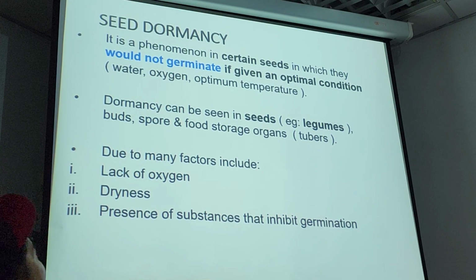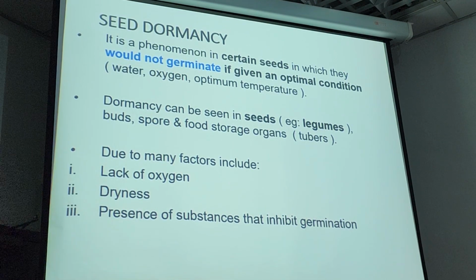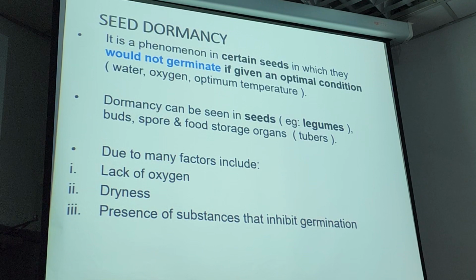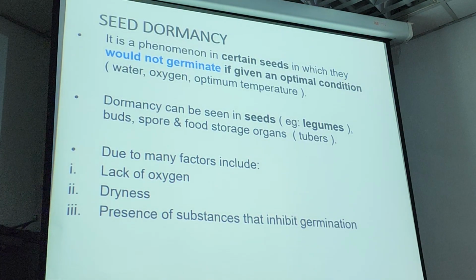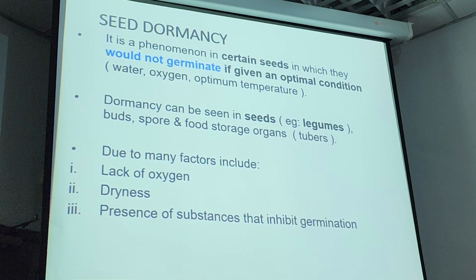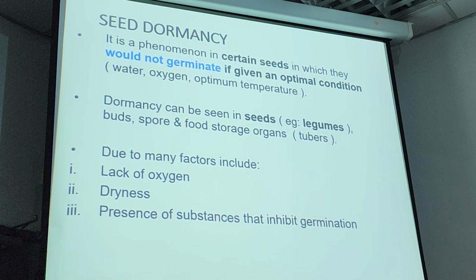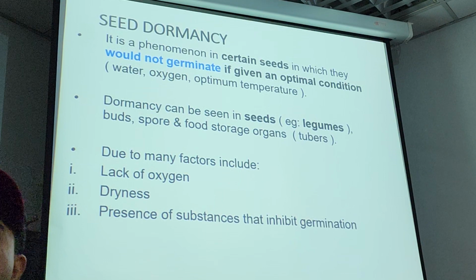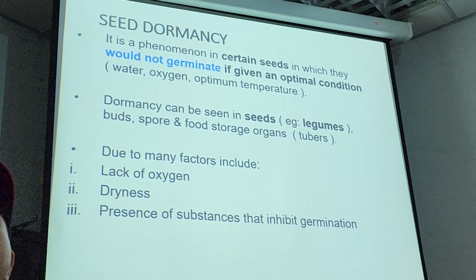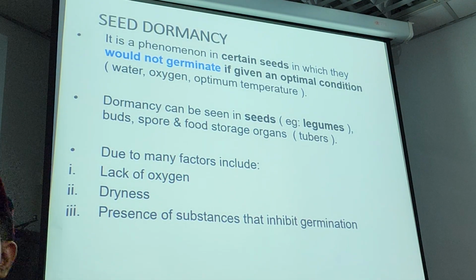That's not nice. Okay, seed dormancy. So seeds, the moment they have matured or are ready to detach from the mother plant, can decide, by all the definitions in the world, not to continue germinating even though the environmental factors are favorable.